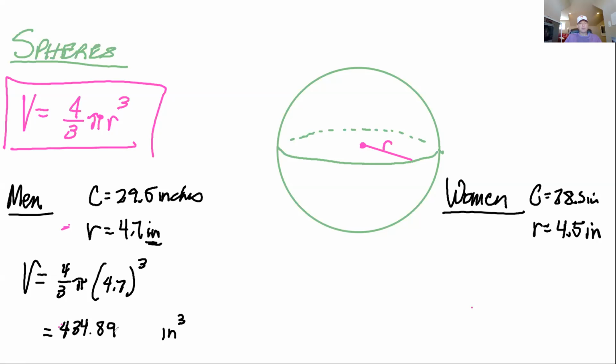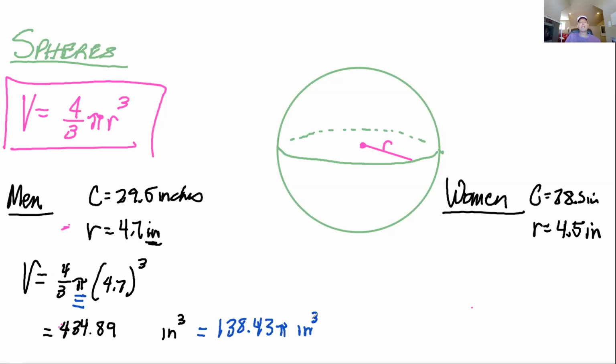Now that's one option for expressing volume of a sphere. However, what you will often see is that the pi in the problem stays a pi, like we expressed it in terms of some number of pi. So if I did that, I would go 4 divided by 3 equals times 4.7 cubed, and I would end up with 138.43 pi cubic inches.